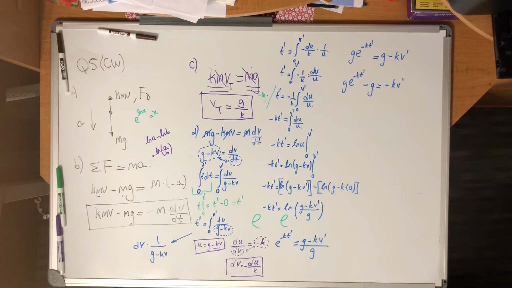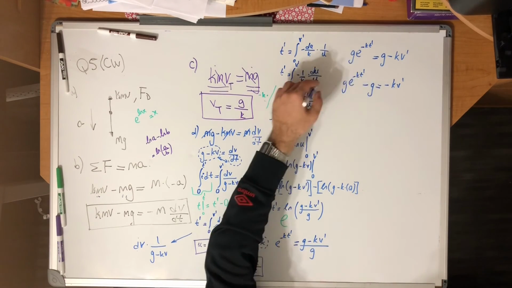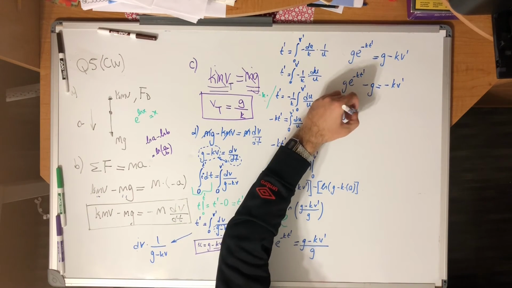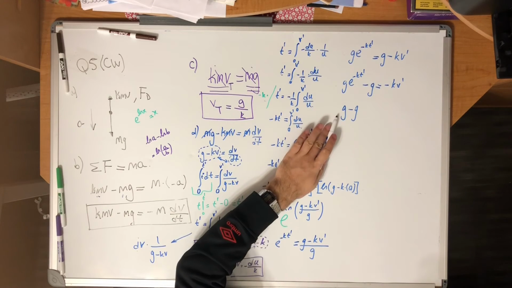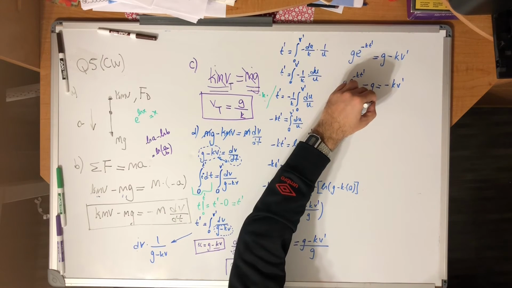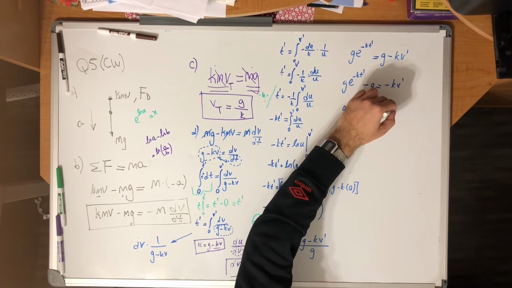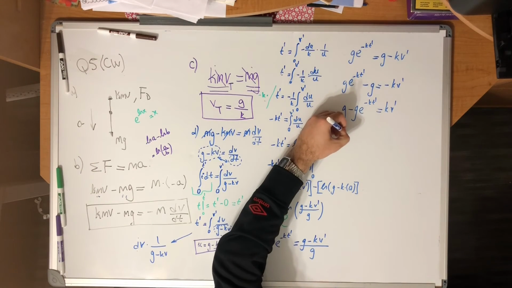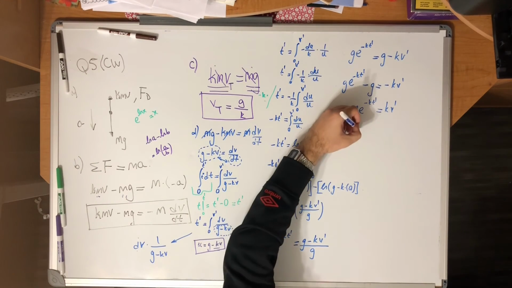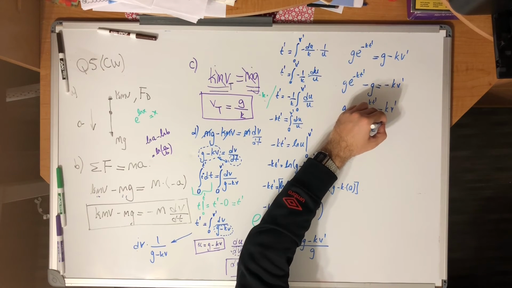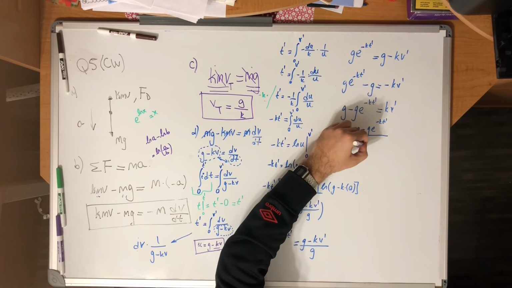And now you can multiply everything with negative to get rid of this negative. Then what am I going to get? G minus g e to the power negative k t prime equals k v prime. And the last step for us to find v prime is dividing everything with k. So your v prime value will become g minus g times e to the power negative k t prime, divided by k.